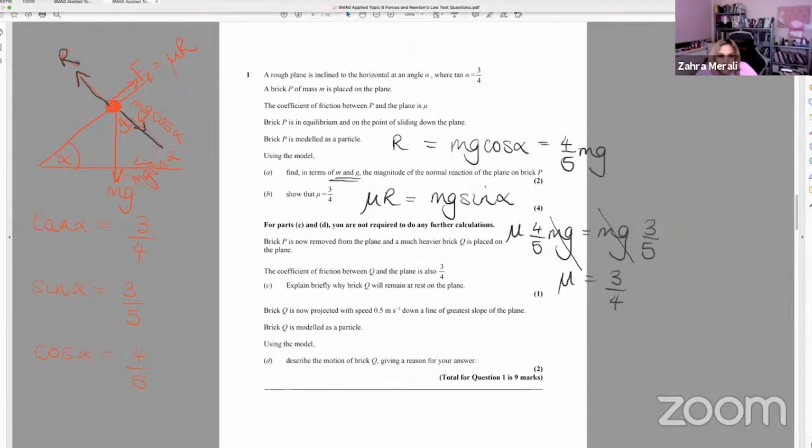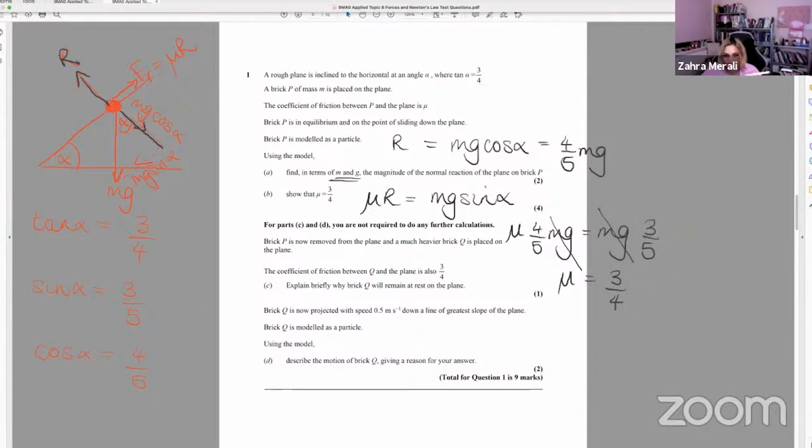It now tells you you're not required to do any further calculations. Now, this has become a little bit normal in some of the A-level exams where you've got to explain things, where your instinct is to do a calculation. So now they're saying brick P is now removed and Q is put on the plane. Okay, fine. And it's much heavier. So explain briefly why Q will remain at rest.